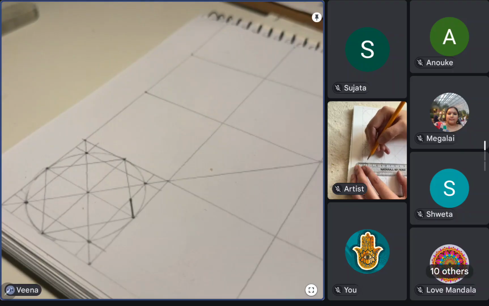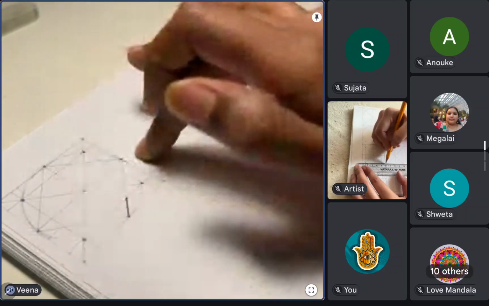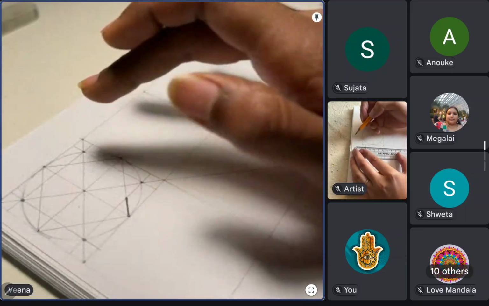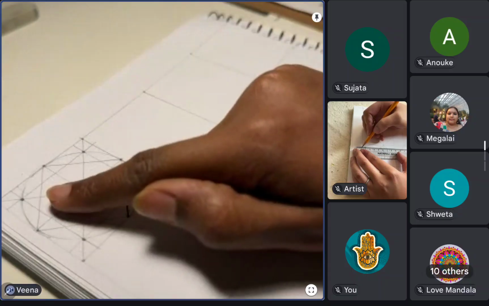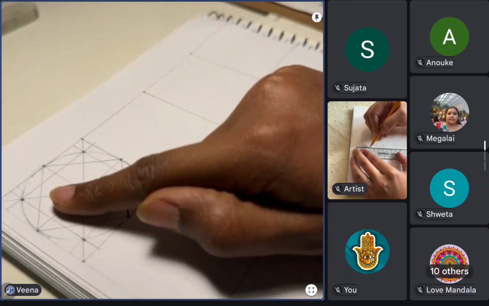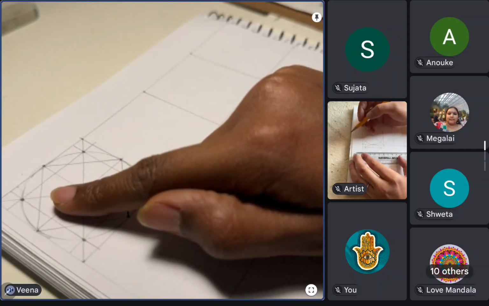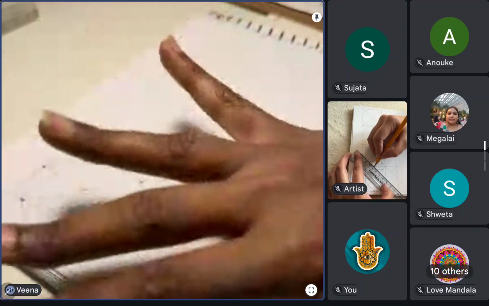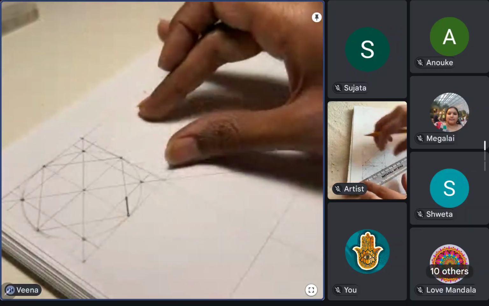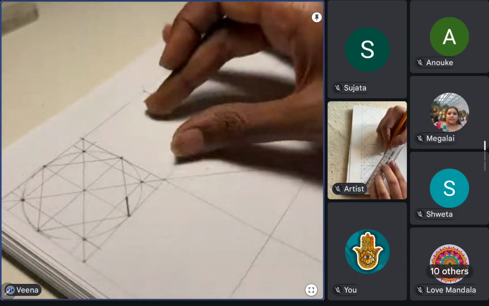Okay. So once you have your horizontal and your vertical line, then you mark the points that we need to make the square. Just refer to the previous design that we did. That will help you, so keep that aside next to you. That will help you make every design.